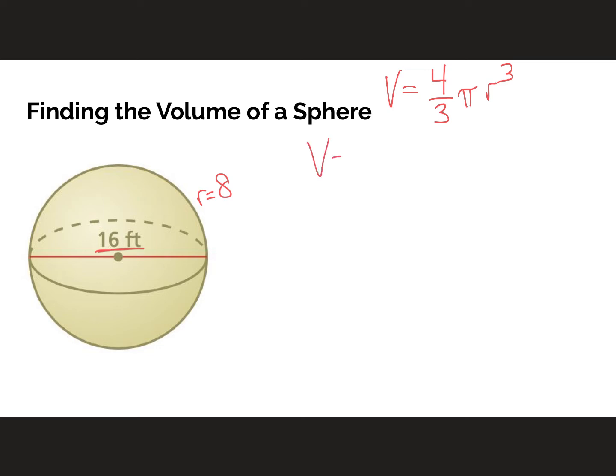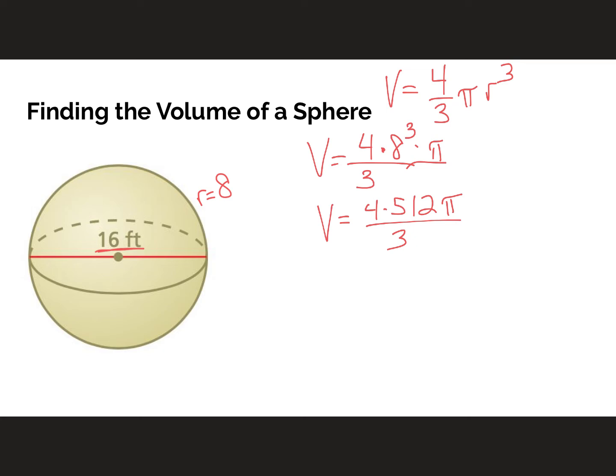So my volume is 4 times 8 cubed times pi. Well, 8 cubed gives me 512. So I have 4 times 512 times pi divided by 3.